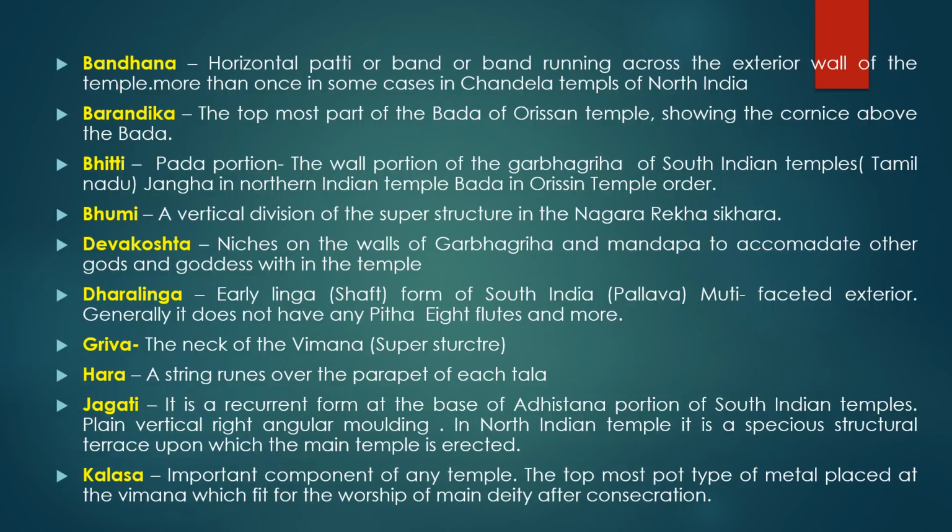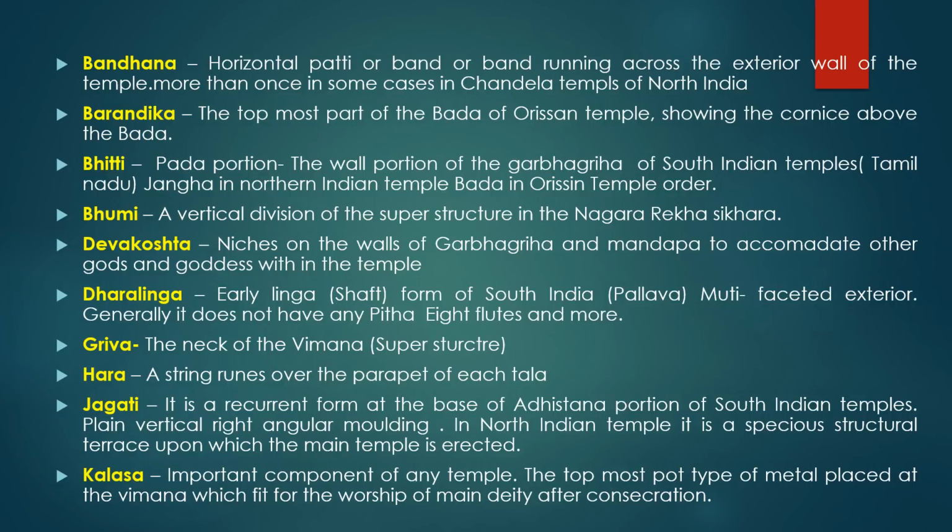On the rear wall, that is the western side, we have either Lingodbhava or Vishnu in standing posture. Then on the northern wall of the Garbhagriha, we have Brahma sitting or standing, and in the Mandapa or vestibule niche, we have Durga or Kotravai.